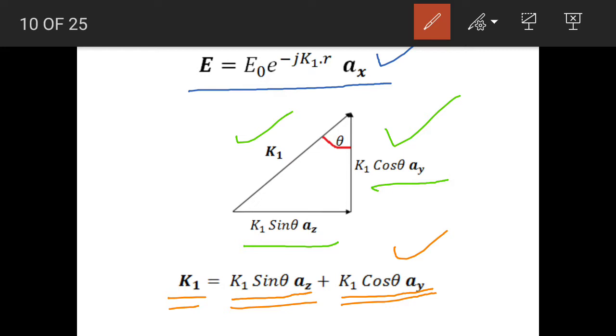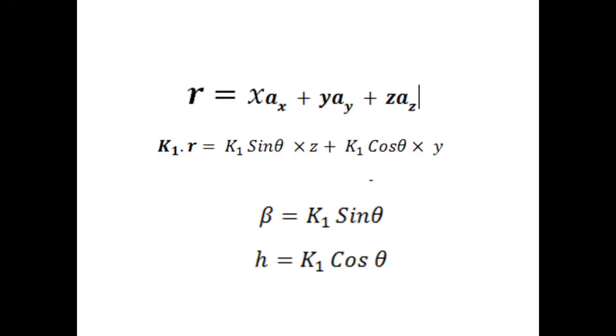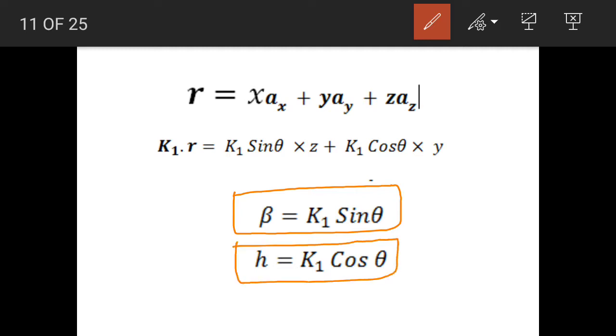So the vector sum of these two components gives you k1. Now what we do, we replace k1 sine theta by beta, and we replace k1 cos theta by h.